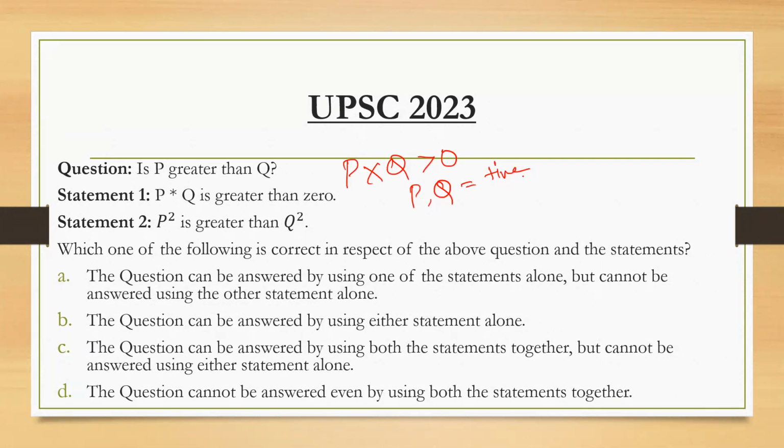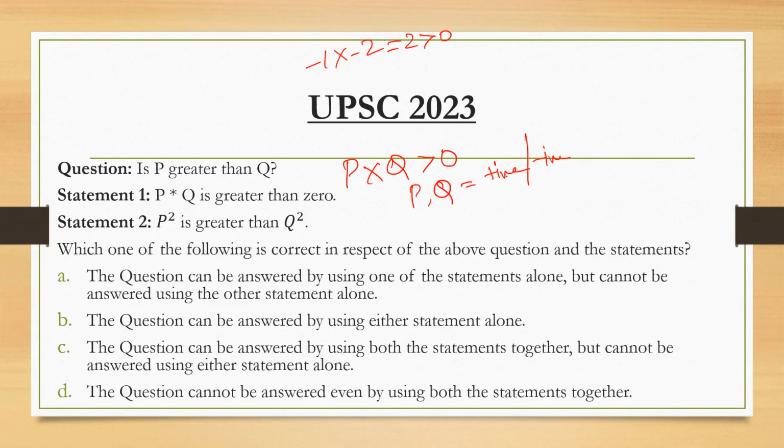It has to be only positive. Yes, it can be negative numbers also, right? If both P and Q are negative, then their multiplication will definitely be greater than 0. That is, -1 into -2 is what? 2, which is greater than 0. So P and Q can be positive, P and Q can be negative also.